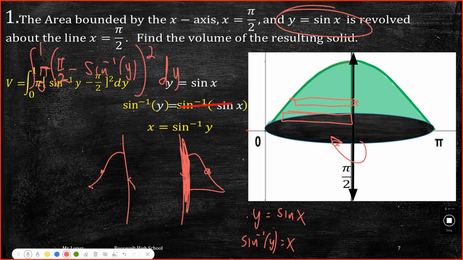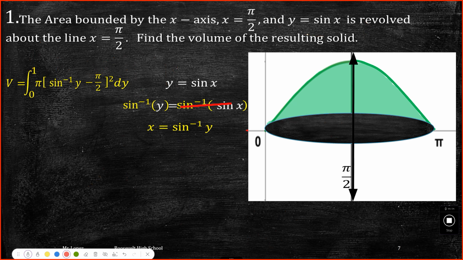Go ahead and do it the right way and see if it makes a difference. I don't think it makes a difference though, but the answer's still wrong. Anyways, no matter what, make sure the inner is the inside, and then it's outer minus the inner.